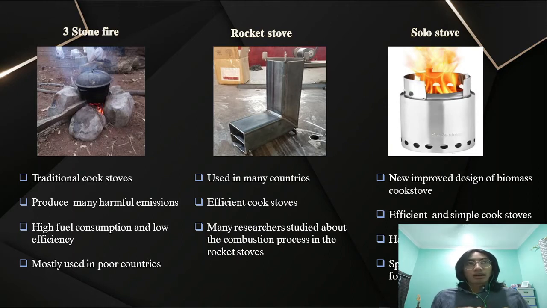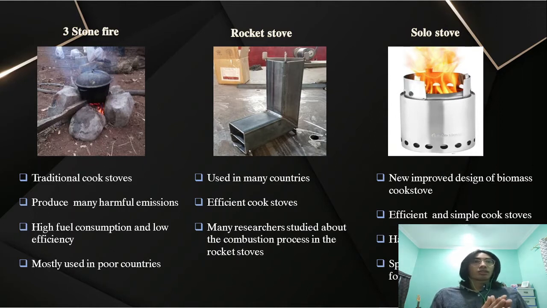While many researchers have interest in the rocket stove, there are still a few researchers who are also interested in the solar stove. From the previous research, the top-lift-up cook stove is also very similar to the solar stove, which is designed with two separate air inlet entries.